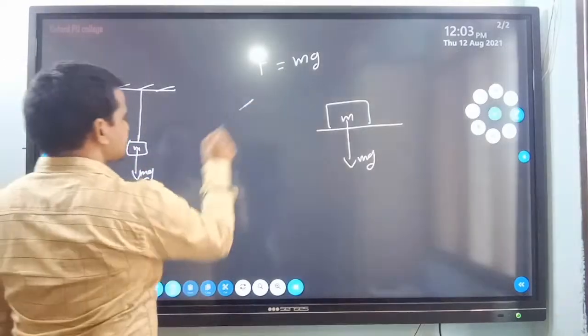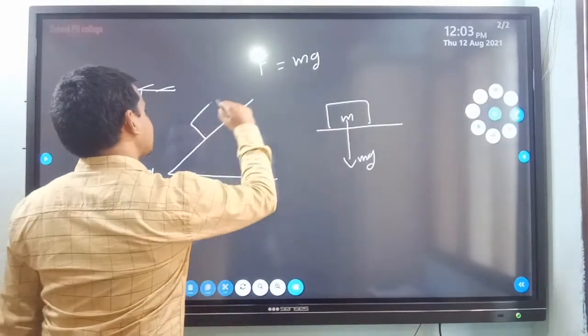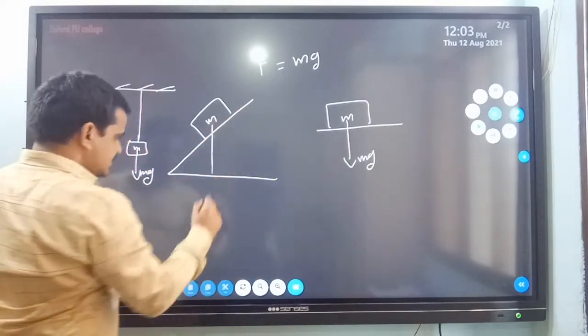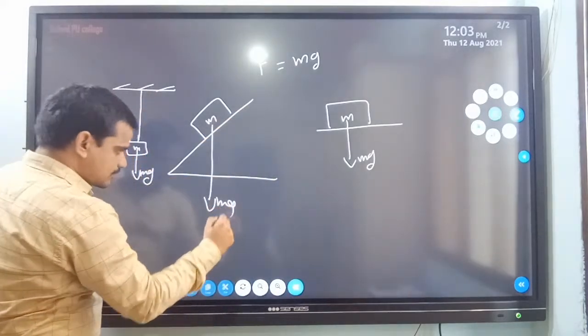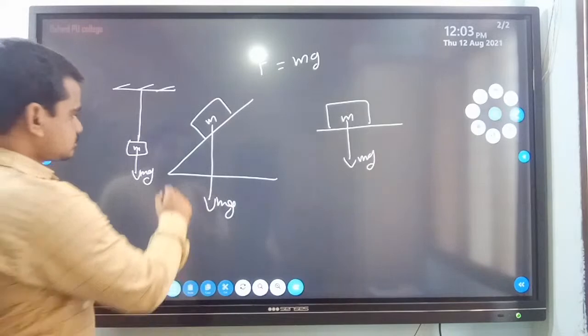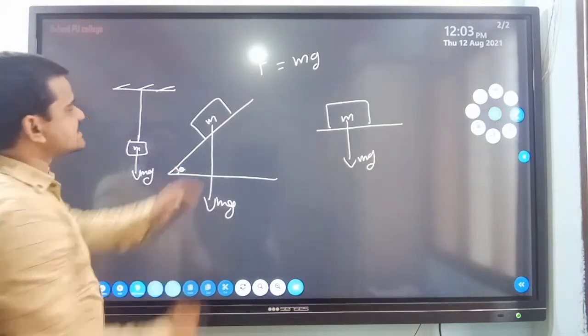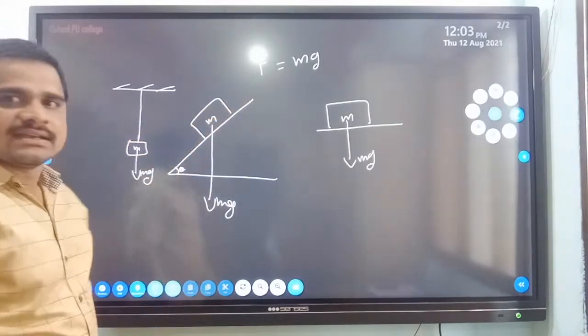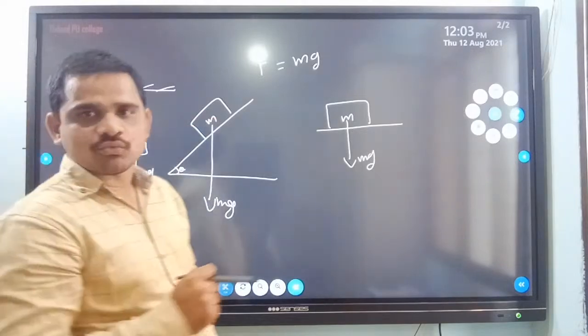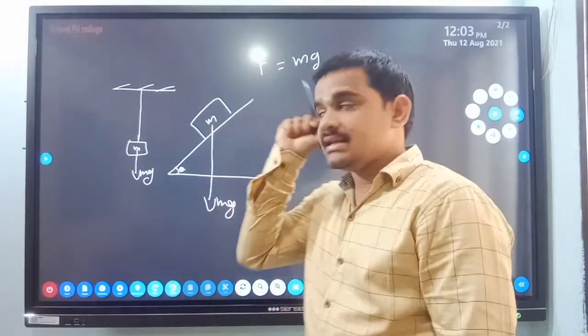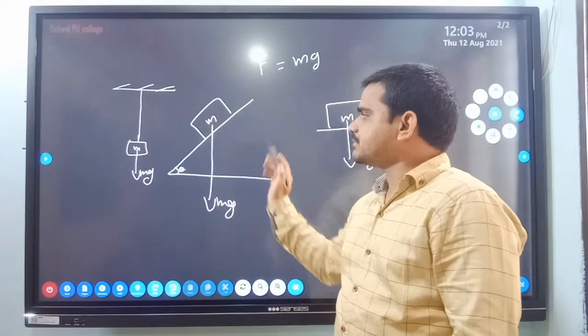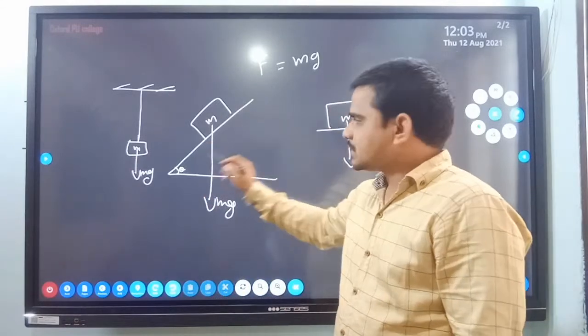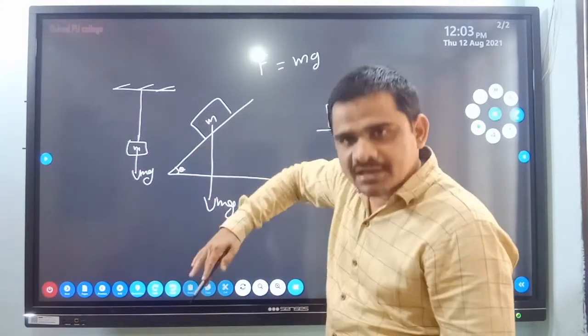If a body is placed on an inclined plane, mg acts downward. This we commonly take as an inclined plane, meaning the surface has some inclination.